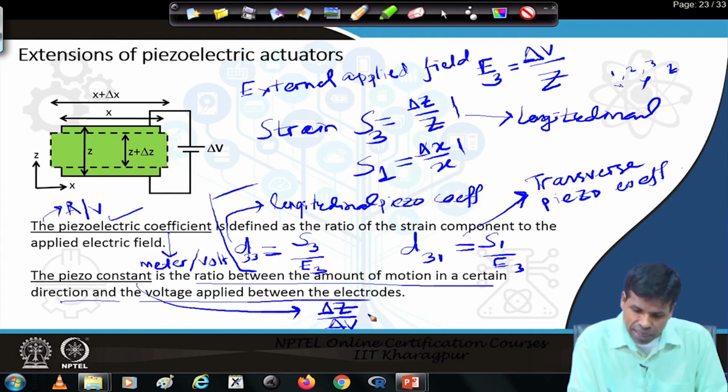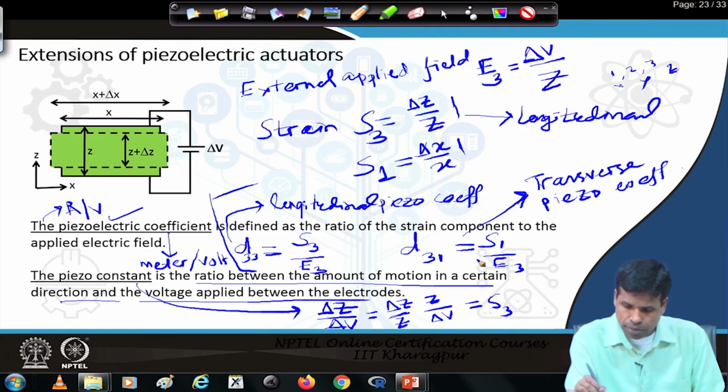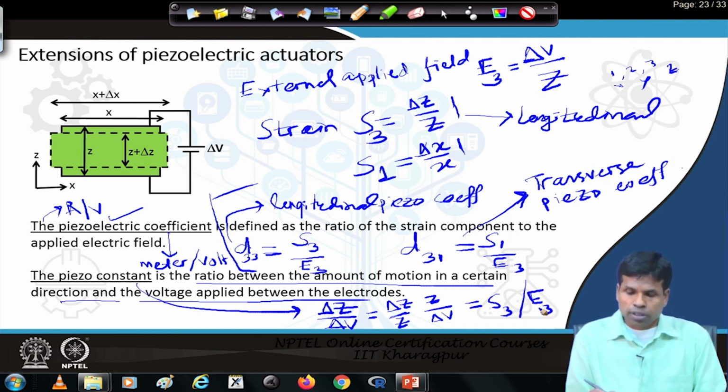This del z by del V can be written as del z by z, then z by del V, where del z by z is S3, and del V by z is E3.